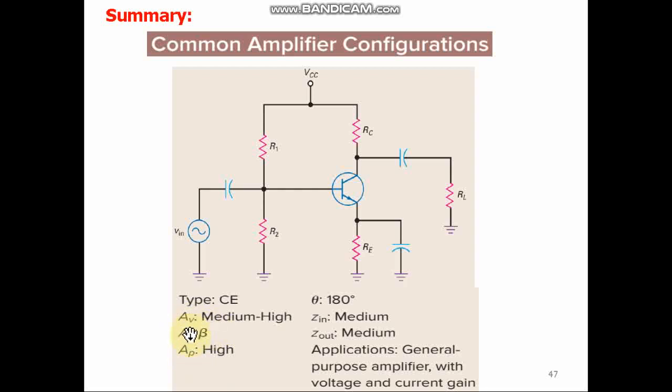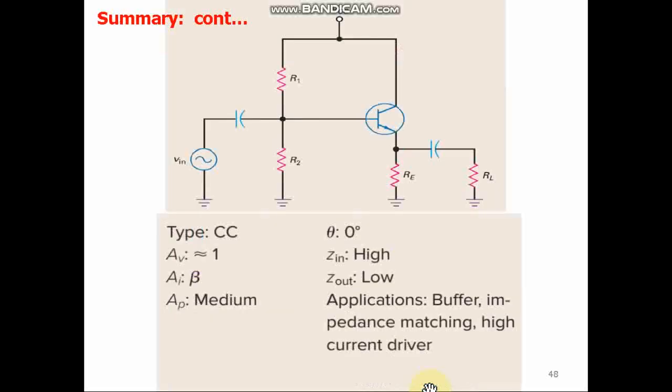Power gain is the multiplication of AV into AI, which is very high. Theta is 180 degree, meaning the output is 180 degree out of phase with the input voltage. Z in is medium, Z out is medium. The application is a general purpose amplifier with voltage and current gain. We can use the CE amplifier.